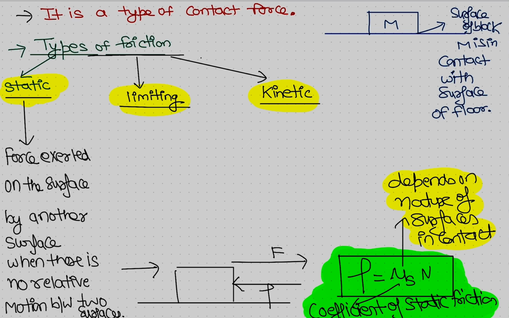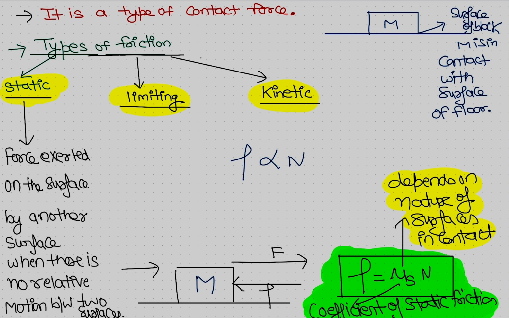Like this, an object of mass m is at rest, force is towards right, and the frictional force, which is denoted by small f, is towards left. So, I'm just repeating this statement again, a static frictional force is only exerted when there is no relative motion between the objects, which means the particle is at rest, right?